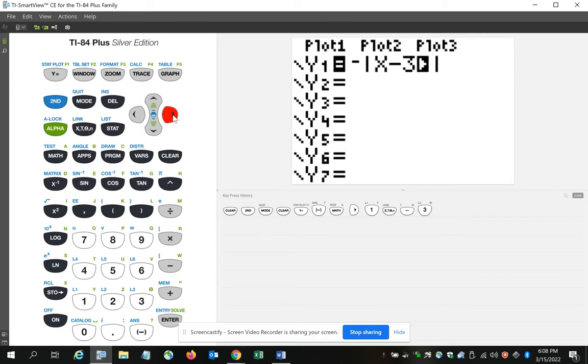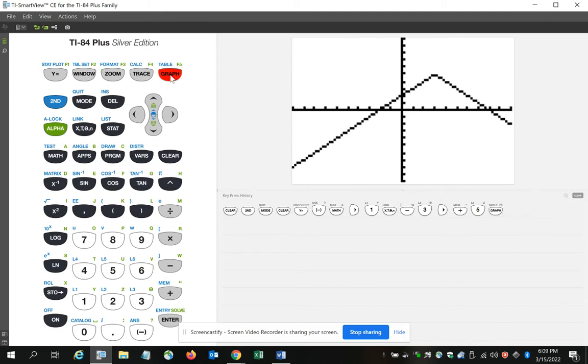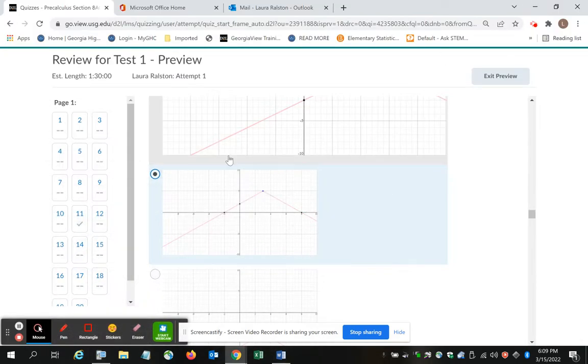Then I'm going to arrow out of the parentheses plus 5. And then I'm going to hit graph. And again, it gives me the picture, kind of the same rough draft that I had, that hopefully you could take from this calculator screen and match it to the one on the computer or on the test.